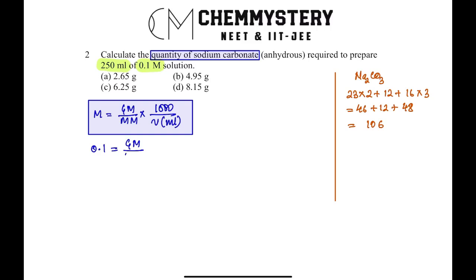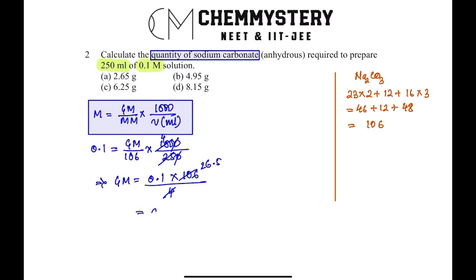Let's put 106 into 1000 divided by the volume we need to maintain, 250 ml. 250 divided by 1000 gives 4. So the given mass, that is the mass we need to calculate, is 0.1 into 106 divided by 4. Now 4 twos are 8, so it becomes 26, and the remainder gives 5.